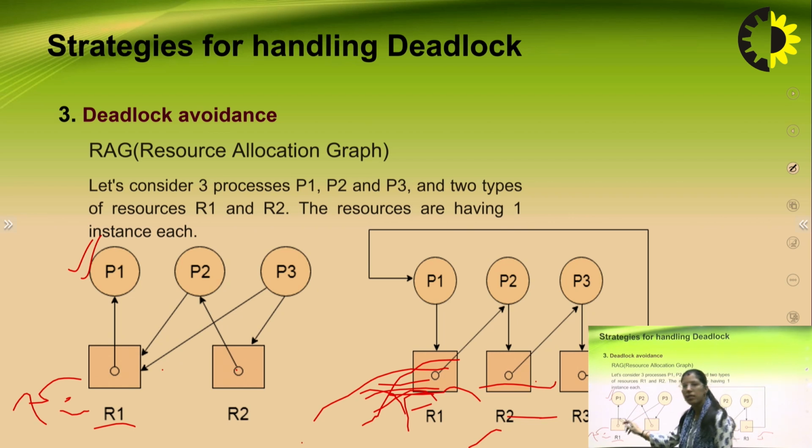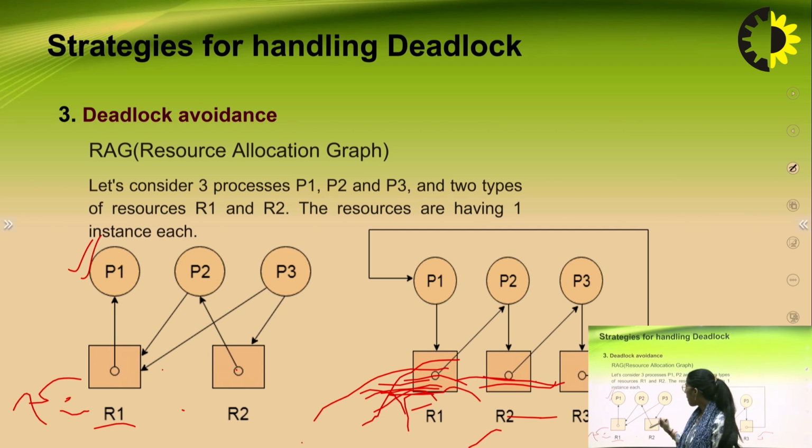Now R1 is available for these two processes. Here we can see, P3 is waiting for R2 and R1, P2 is acquiring R2, and we can assign R1 to P2 first. This process also gets completed and terminated.